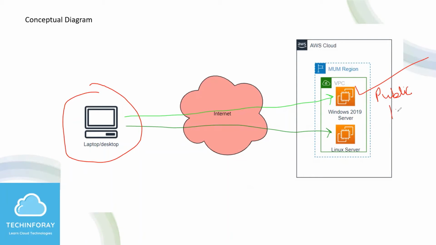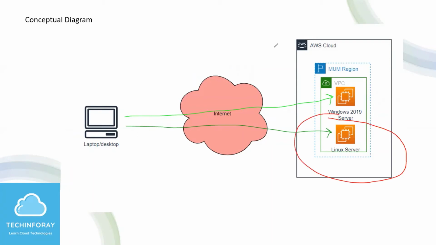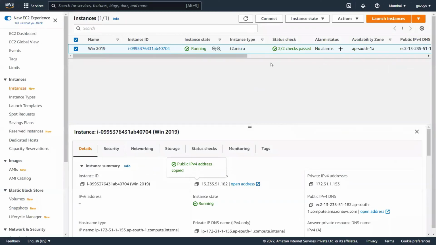We installed the IIS service, that is the web server, and we published our web page over the internet. See how easily you can create your web server, install it and publish your website. So let's move forward and create the Linux server now. Let's get back to our console. Now click on launch instance.